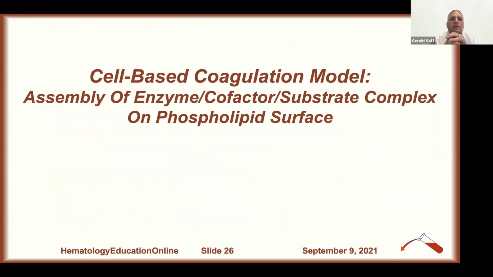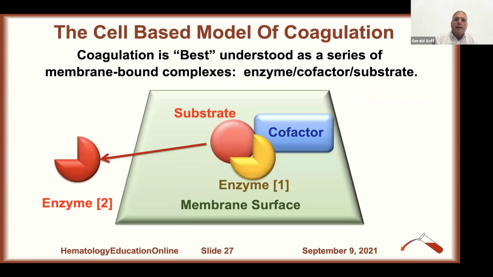To get at this, we're going to talk about the cell-based coagulation model. Rather than that nice Y-shaped picture of Roman numerals, which seem to be in isolation, that's not how the real body works. This is a cartoon illustration of an enzyme-substrate-cofactor complex. In green here is a cartoon of a membrane.